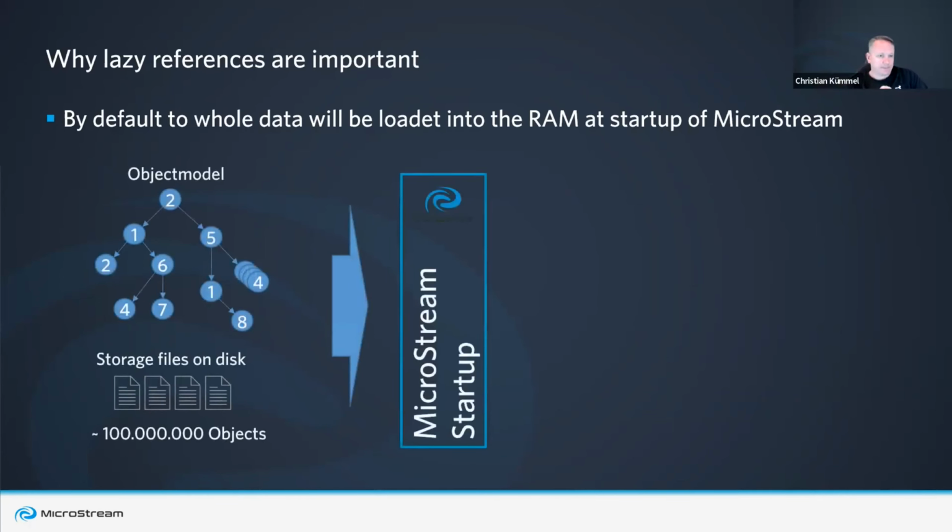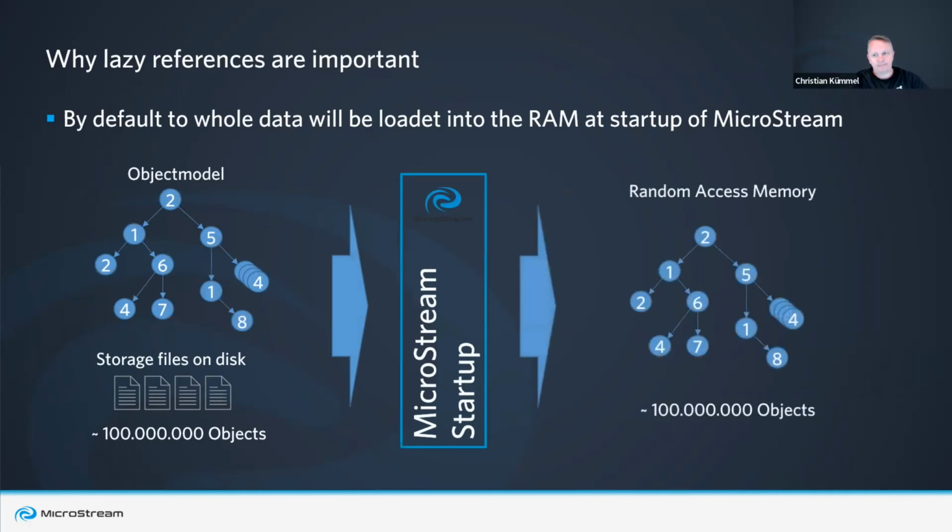It looks like this: let's say we have an object model and storage files on disk. We have, let's say, 100 million objects, and these objects will directly be loaded to the RAM.